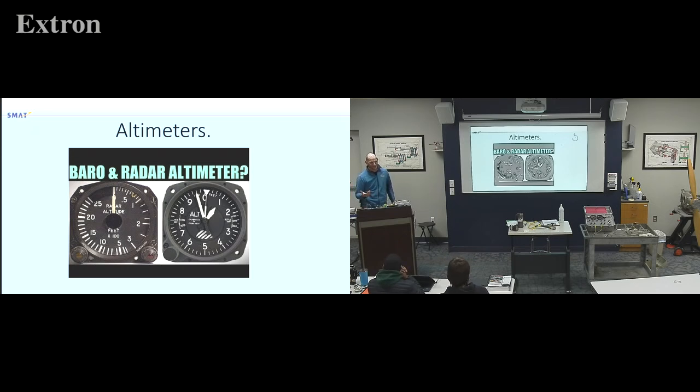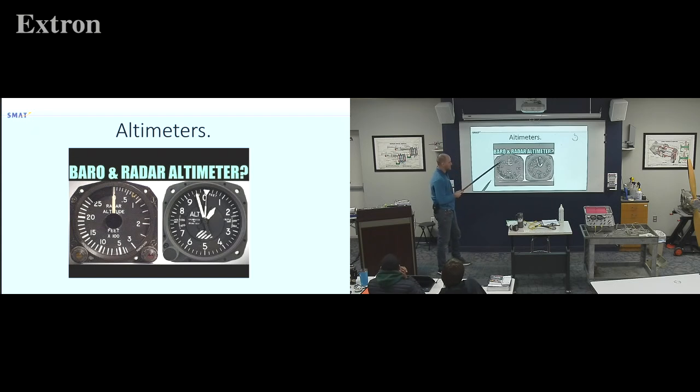Because even if you're disoriented, your attitude indicator might say you're flying level, but it doesn't know about the mountains in front of you, stuff like that. If it says 7,000 feet on your altimeter, at least you know you've got a minute or two to live. Point being, very, very important.